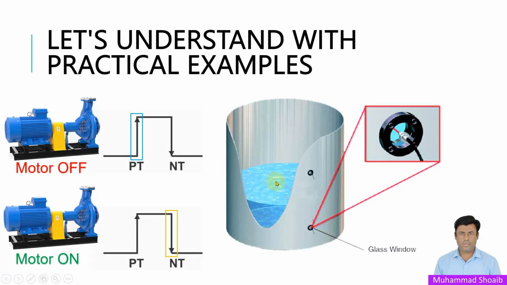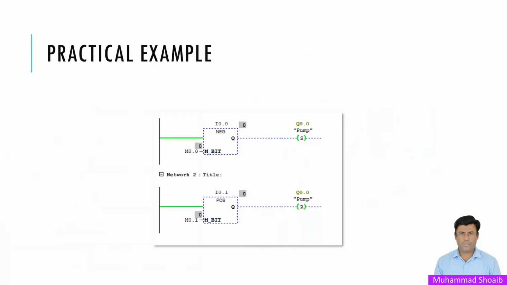So let's see how we can program this water tank in the PLC, as I explained it. Here is the program. We use the same negative and positive transition edges. We take the negative transition edge first, and we assign the input sensor address I0.0, and then we take a memory bit that saves the previous status of the bit.